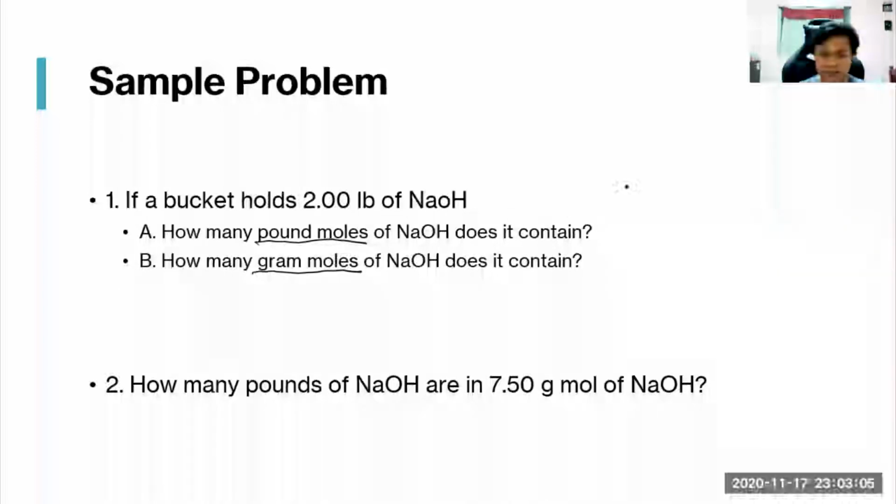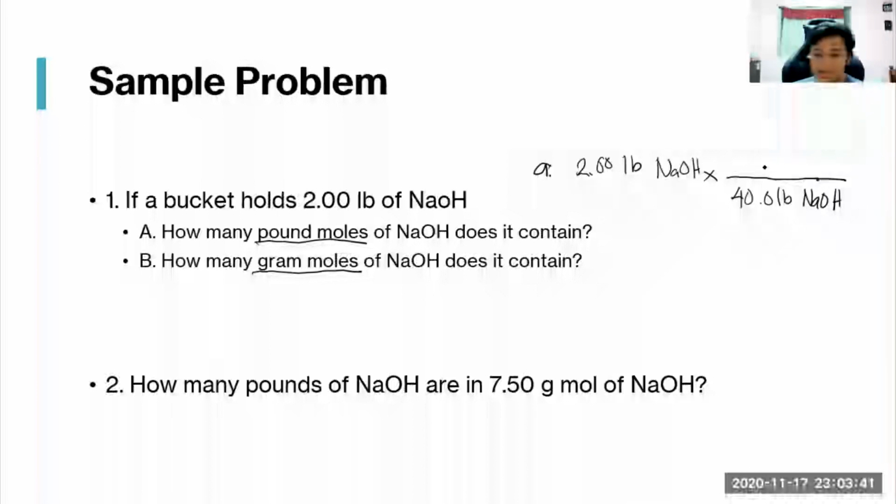Letter A: 2 pounds of NaOH. What is the molecular weight of sodium hydroxide? Sodium is 23, oxygen is 16, plus 1, so 40 pounds per pound mole.